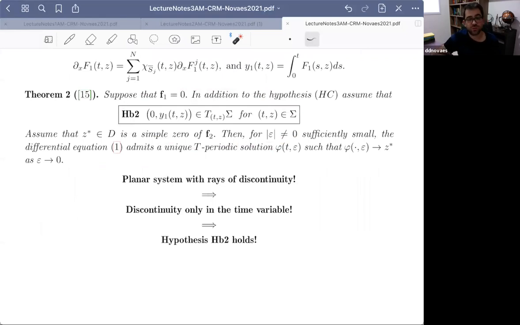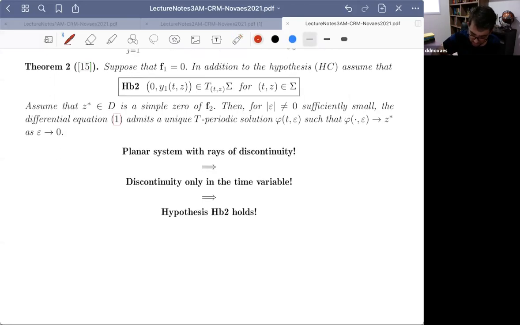Usually, at least 7 years ago, when we were working with piecewise smooth differential equations, we assumed that the sets of discontinuities are, for instance, lines for the planar case. The sets of discontinuities are usually assumed to be lines or rays crossing the origin, right?